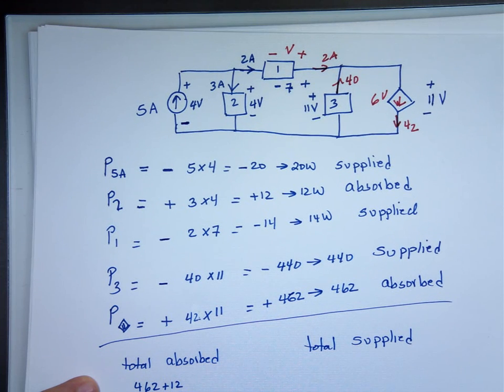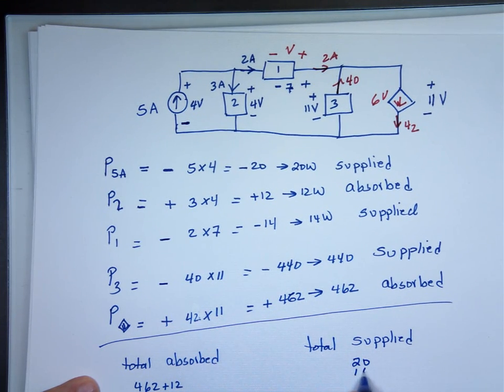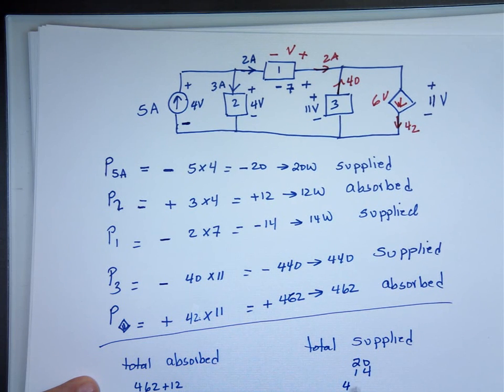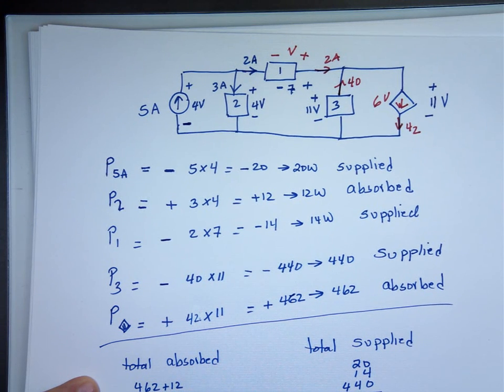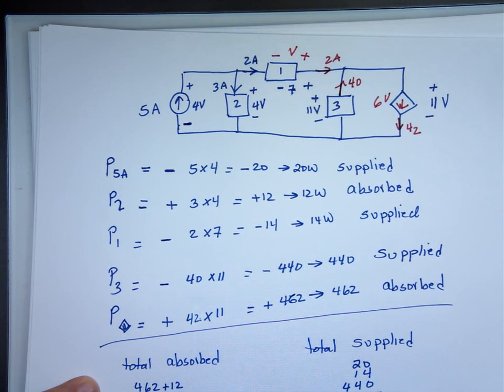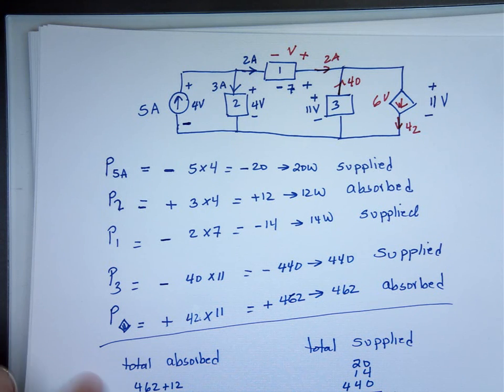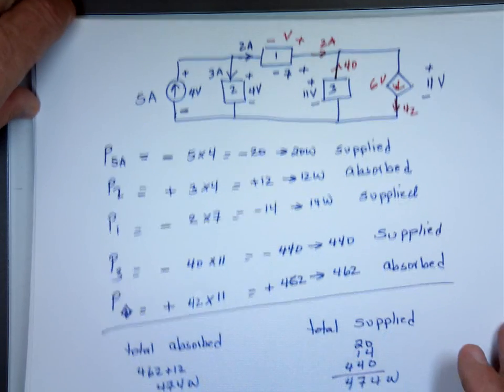Supplied, what do we have? 20, 14, and 440, that's 474. Is that equal? Conservation, still true. So if the problem is done correctly, the power supplied should equal the power absorbed.